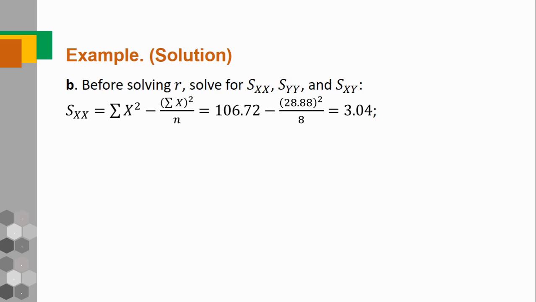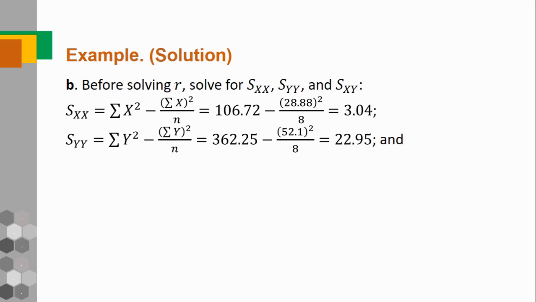And summation of x squared and summation of x can be found in the table in the previous slide. So that is equal to 106.72 minus 28.8 squared over 8. And using your calculator, that is equal to 3.04.